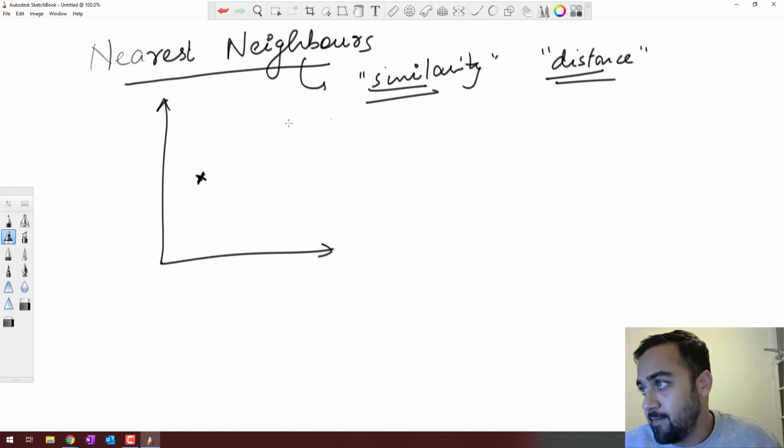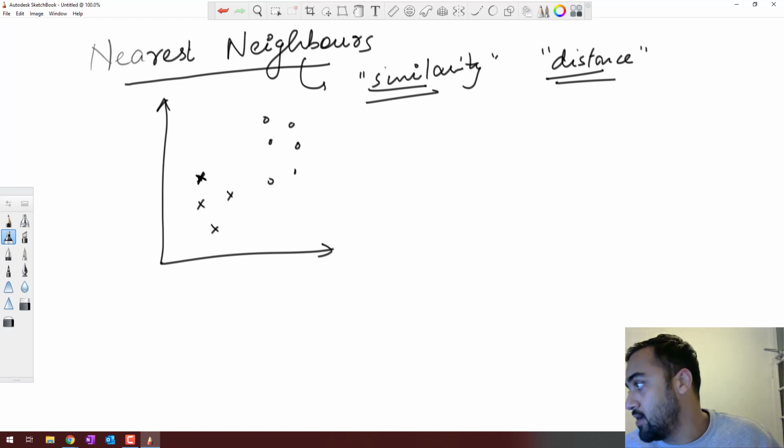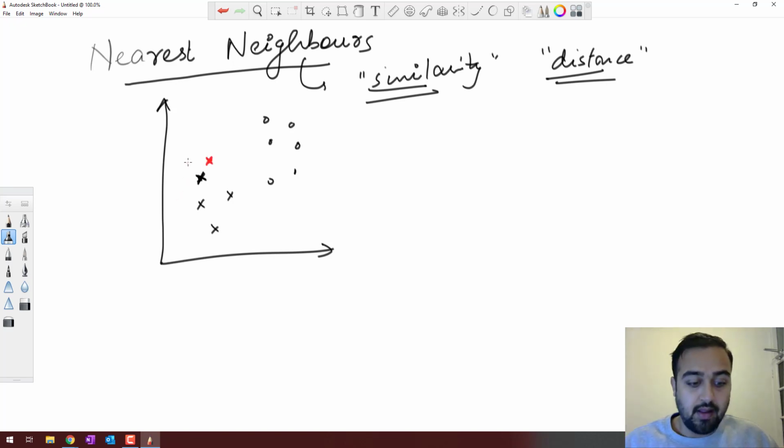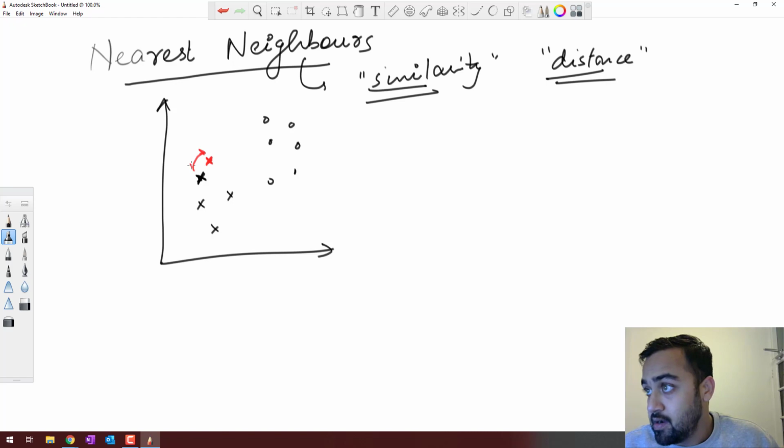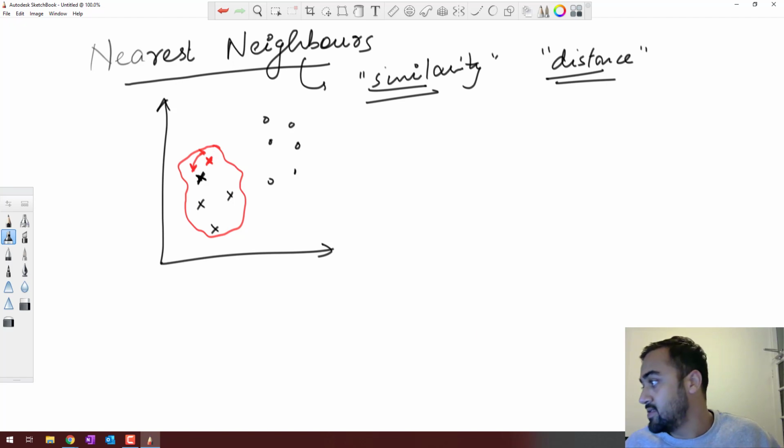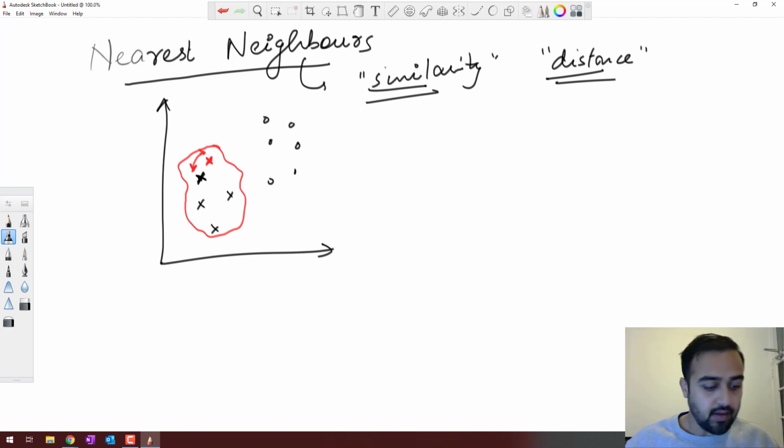Like if you have crosses and zeros, and you have a new data point that is a cross, it will obviously be close by to its similar one. Therefore, it should be classified similarly, right?